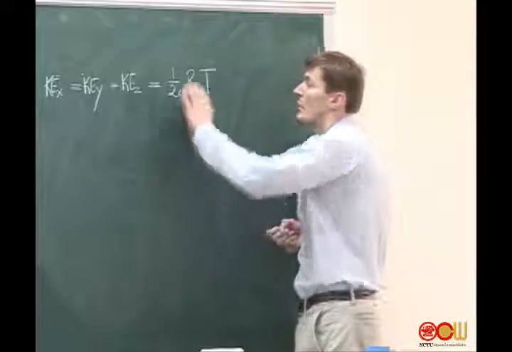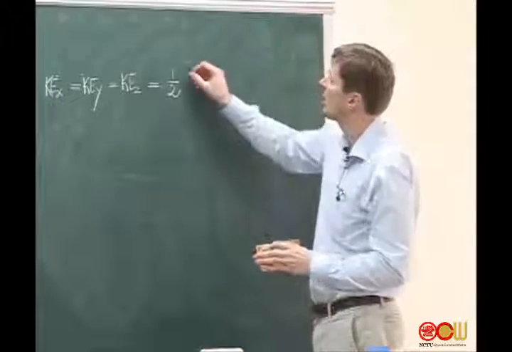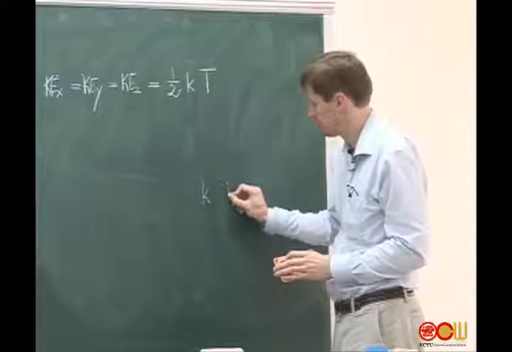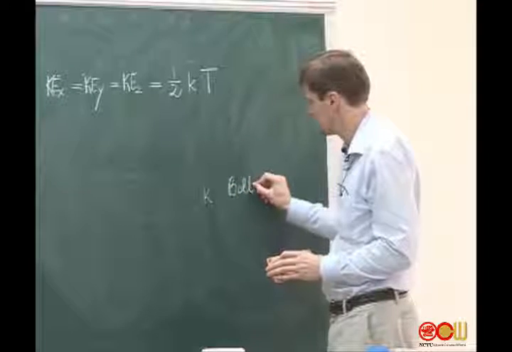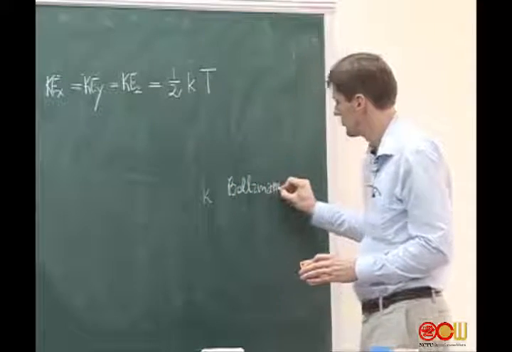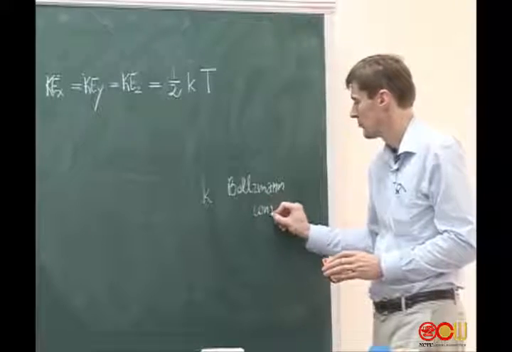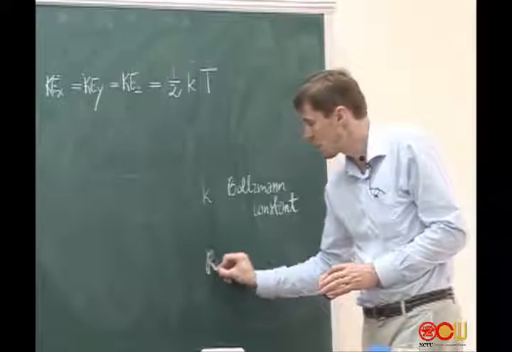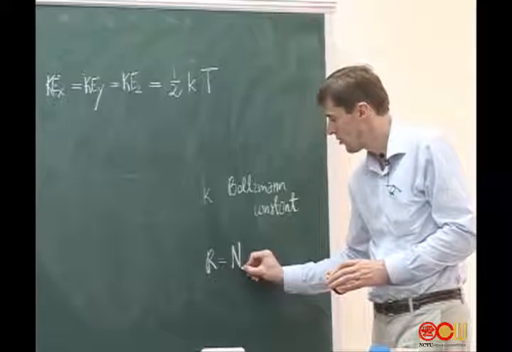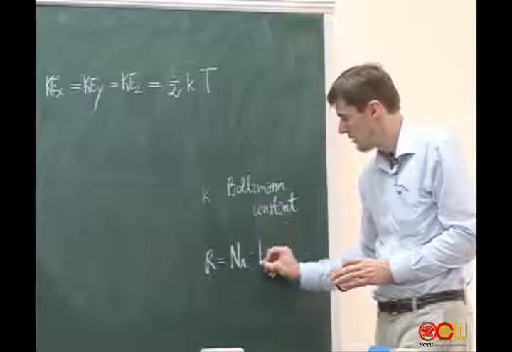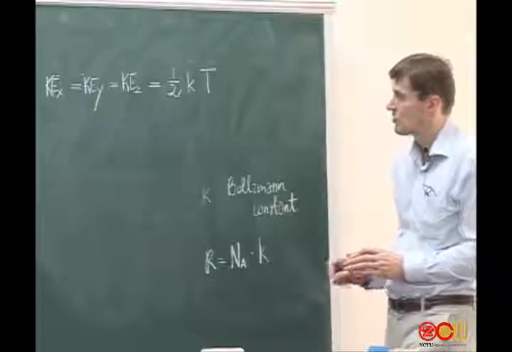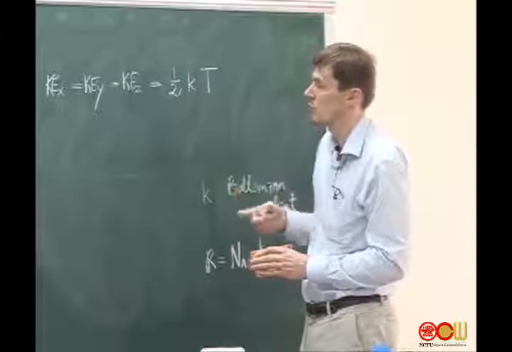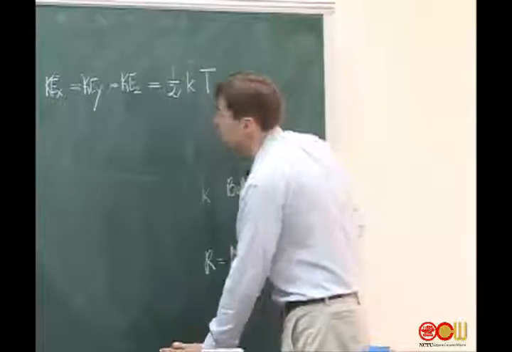Maybe I should be more careful here. Instead of putting R, I put here k. k is the Boltzmann constant. And you know that R is just the number of molecules in 1 mole times k. So this one is for a single molecule. What I wrote before here with R was for 1 mole of molecules.